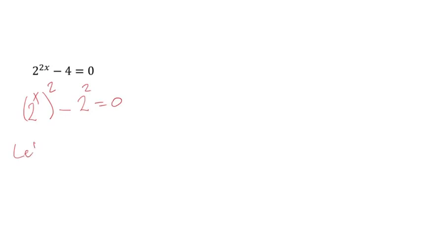So now let's let 2 to the power of x equal large X. Then I can transform this equation to X squared minus 2 squared is equal to 0. Again, I would recommend going back to the video on remarkable identities.